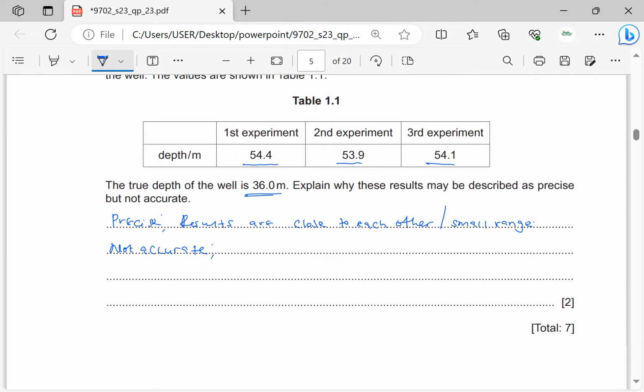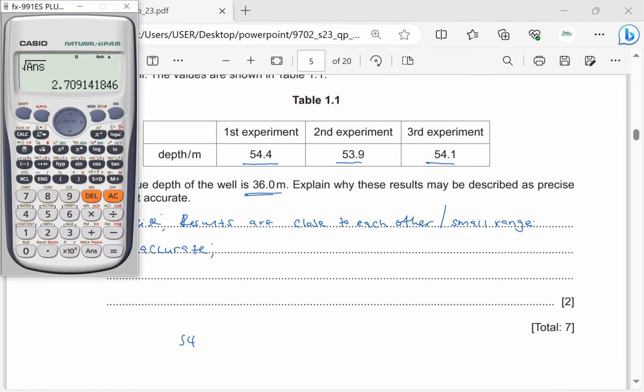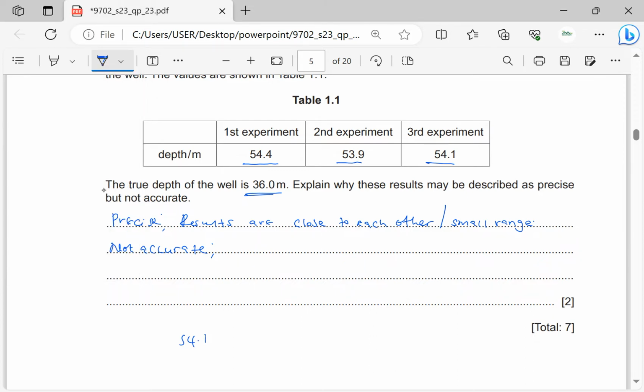Let me first check the percentage. Let me check the average anyway, 54.4 plus 53.9 plus 54.1 divided by 3. The average is 54.13. 54.13 is the average minus the expected value 36.0 divided by the expected value, which is 36, times 100.